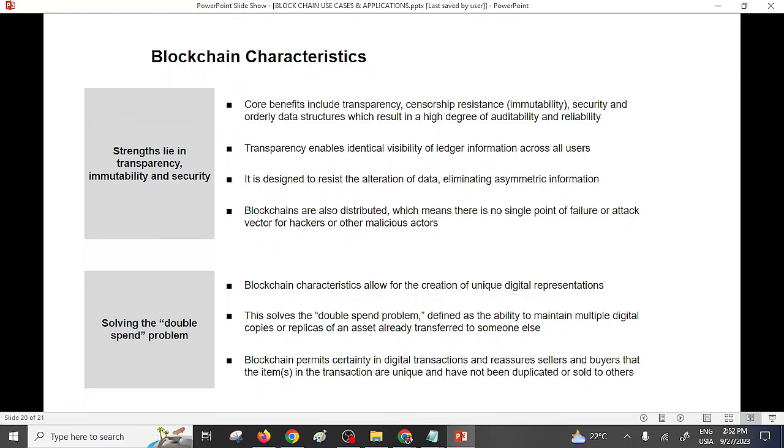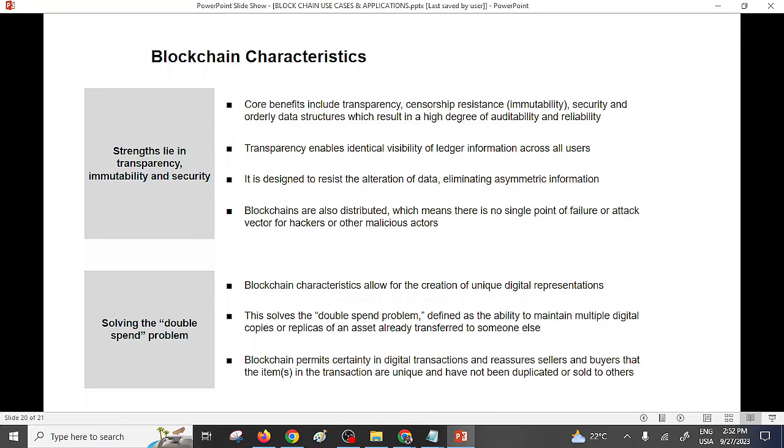Better still, I mentioned the role that blockchain plays in preventing other people from altering or editing a particular ledger, because every participating node has a copy of this ledger or transaction.